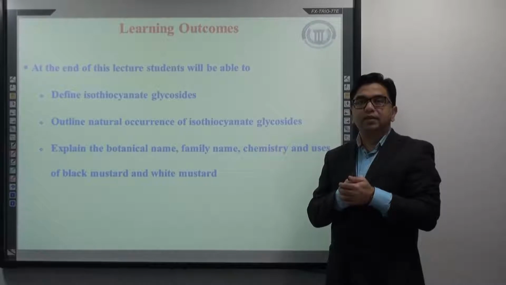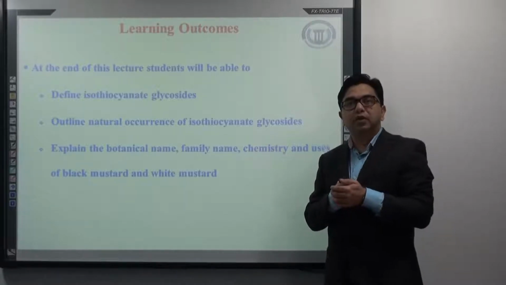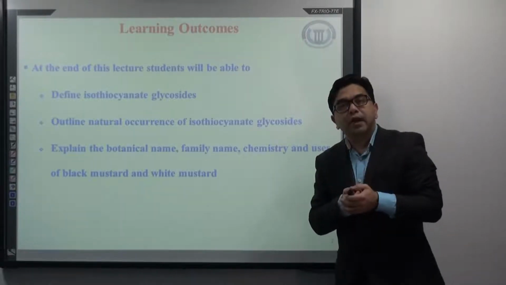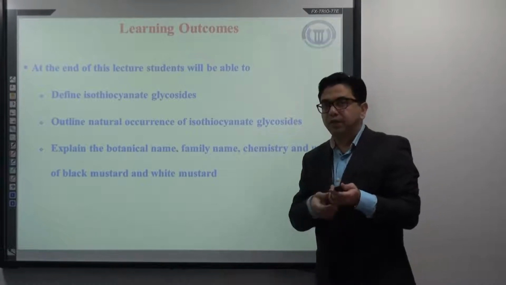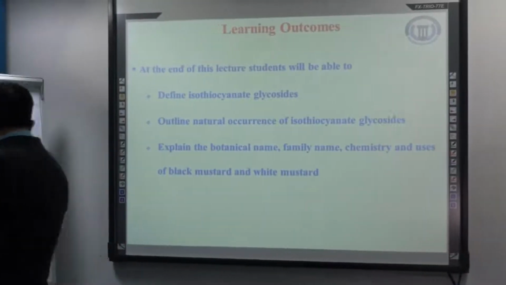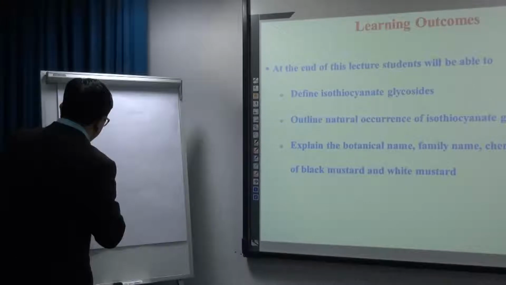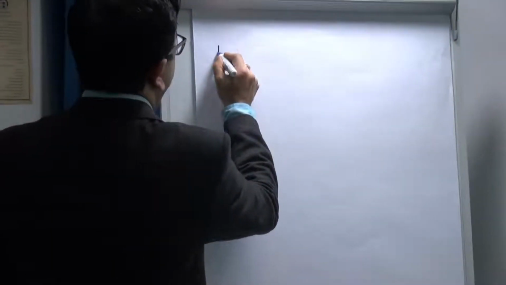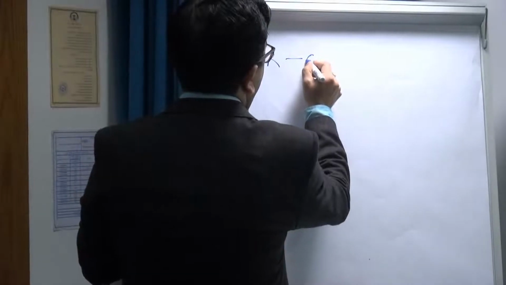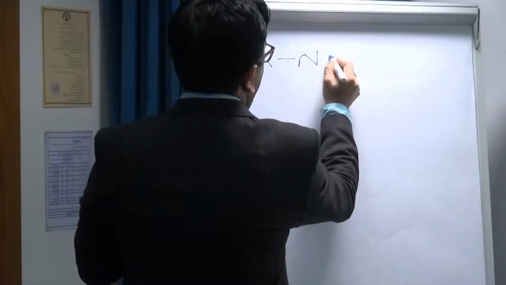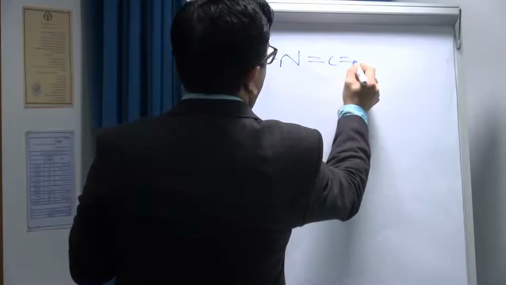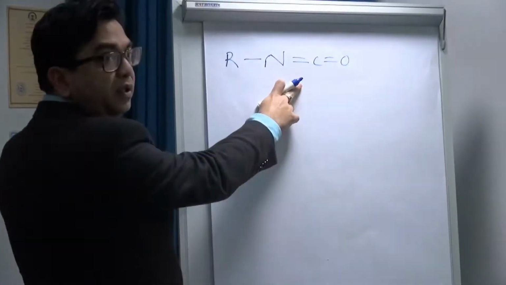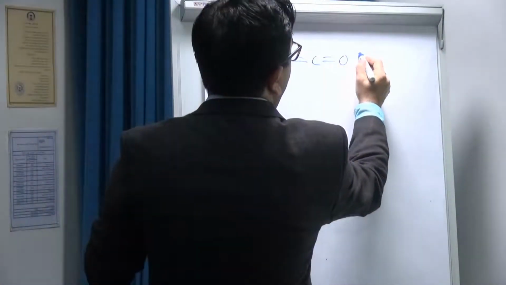Before I discuss isothiocyanate glycoside, I would like to show you what the isothiocyanate functional group is. Let us have a look. So when it is NCO, this is known as isocyanate.